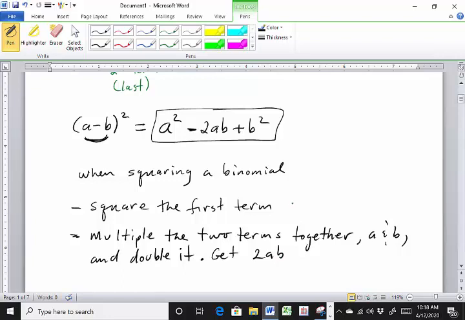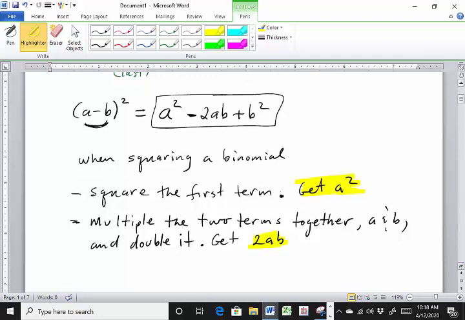And when you square the first term, you get a squared, right? Okay, so we did the first one. You squared the first, you get a squared. You multiplied the first and the second, or the two inside terms together, you get 2ab, all right?